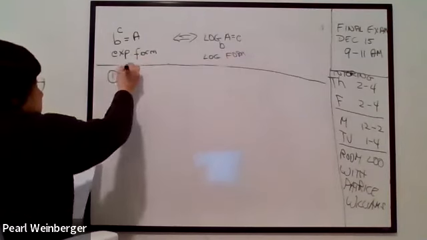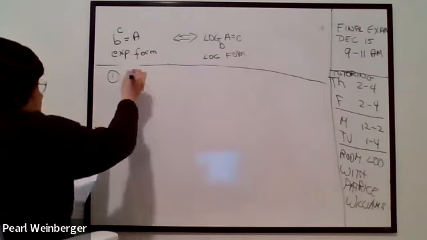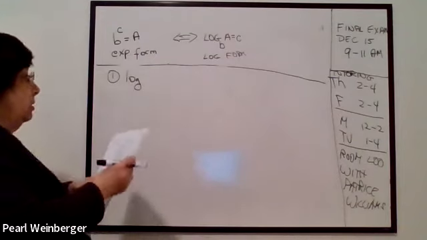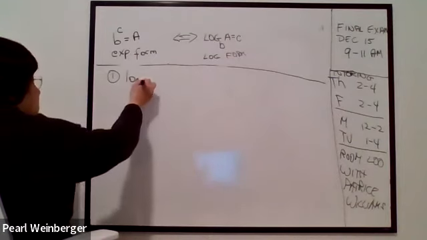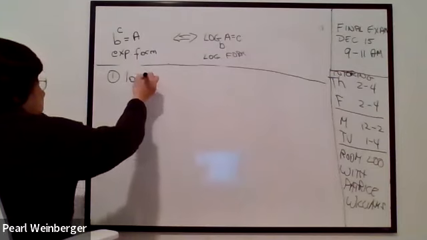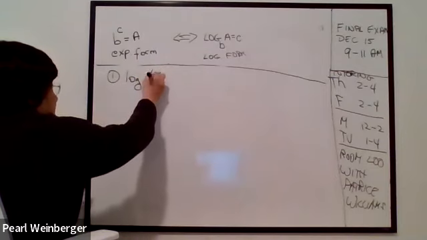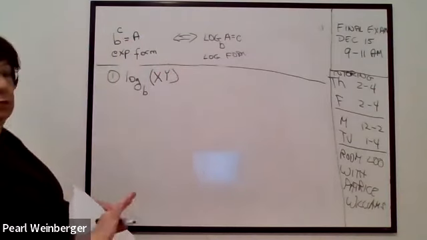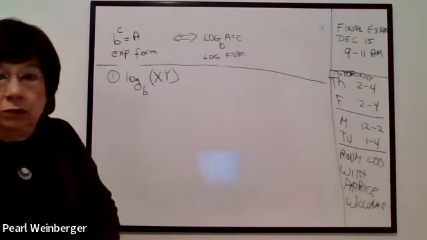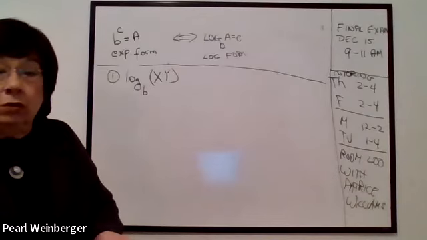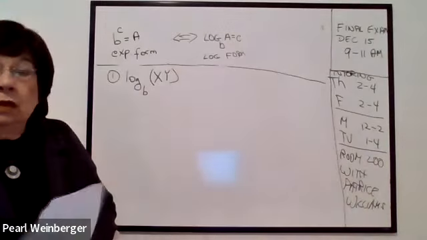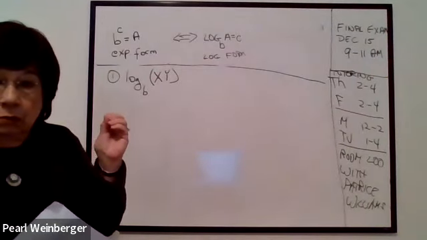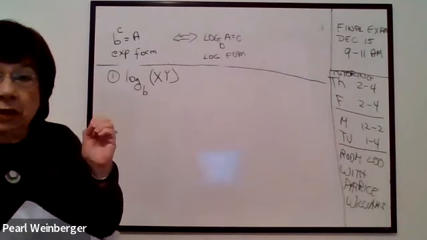The first rule is, and I'm writing it the way I wrote it on the study guide, so it'll make more sense to you. If you have the log base b of 2 numbers, x times y, where x and y are any 2 numbers, I don't know what they are, so I've been calling them x and y, and we take the log, what's going to happen?